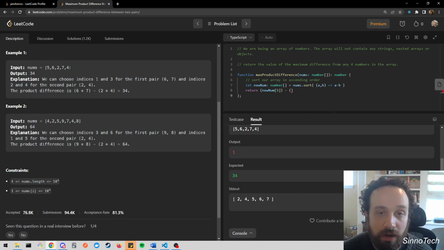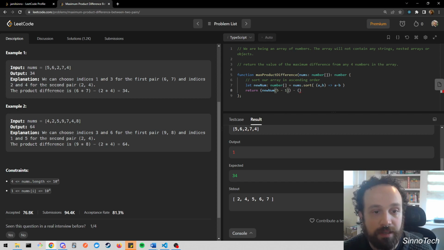Which we know, hopefully, doesn't exist in this array, because this is index number 0, index number 1, index number 2, 3, the number 7 is index 3, and then the number 4 is the 4th index. Number 5 actually falls outside of our index, which is why I want to say 5 minus 1, right? And if we go back, instead of 5, we'll just say new num.length, because those are the same thing, minus 1. We get to the number, in this case, 7, right?